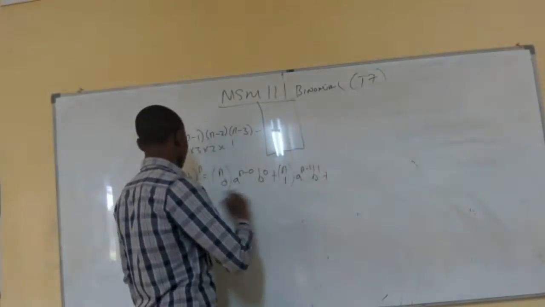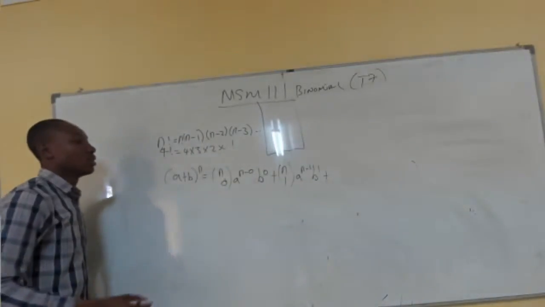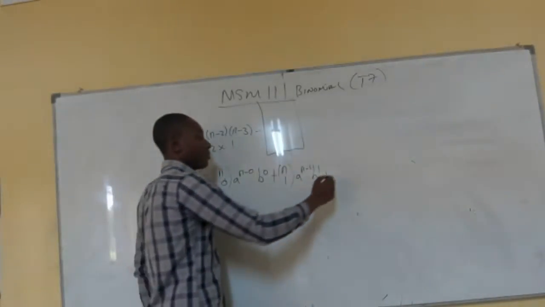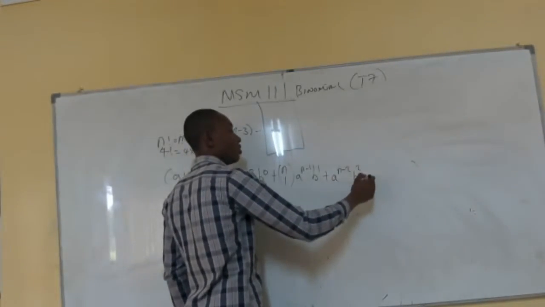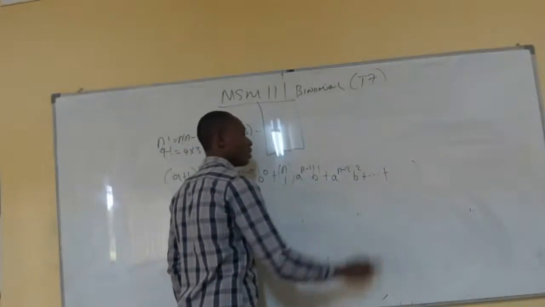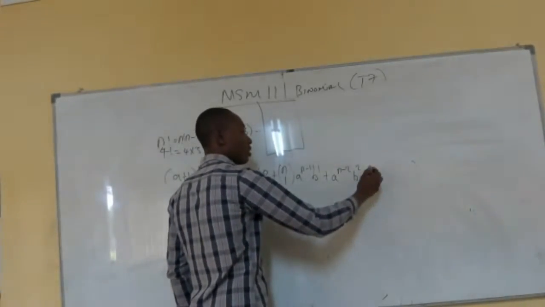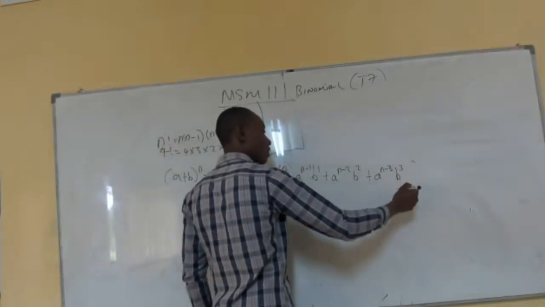Remember it's a plus b to the power n. Next is n choose 2, a to the power n minus 2, b squared, plus n choose 3, a to the power n minus 3, b cubed.